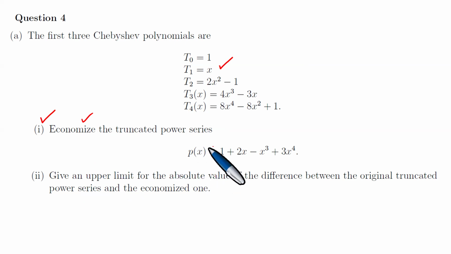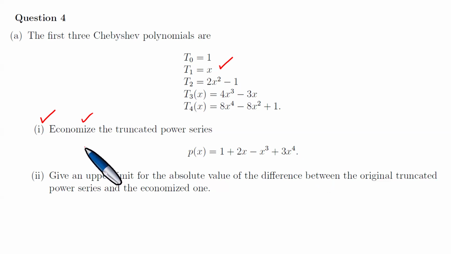Consider the fact that we have been given the power series P of x, which is exactly 1 plus 2x minus x cubed plus 3x to the 4th power. So now what you need to do is to compare the coefficients.